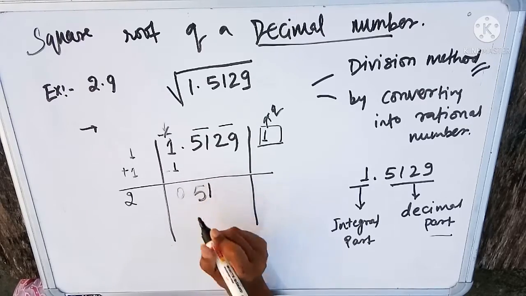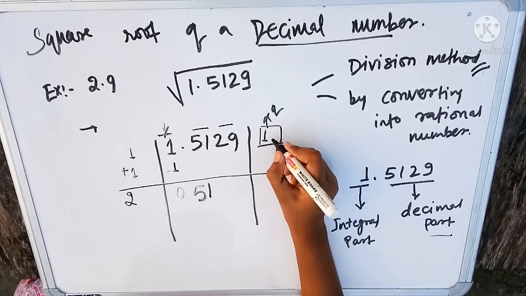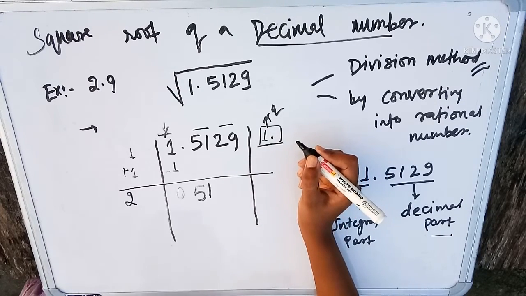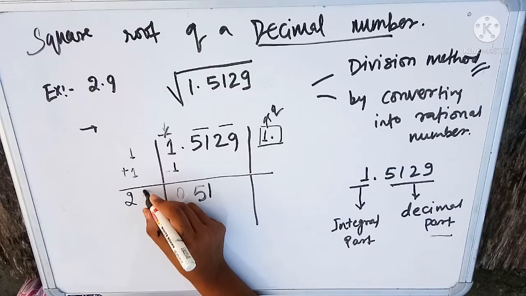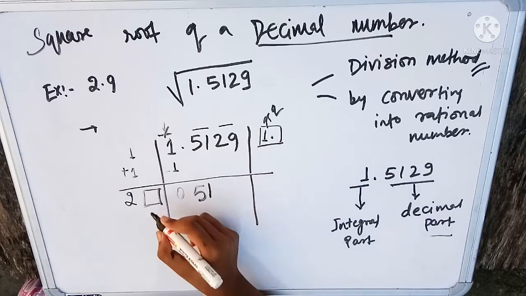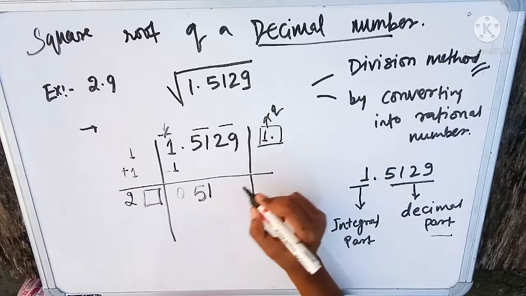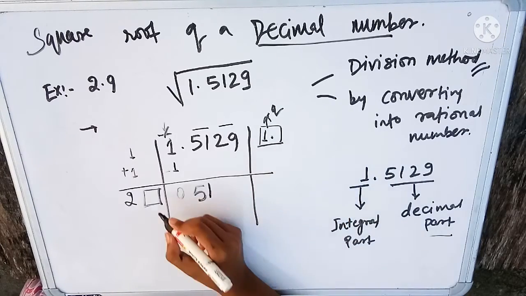So here we have 51 after the decimal point, so here also we will put the decimal in the quotient. Now we have to find out the next number, which we can write here and is less than or equal to 51. So in this case we have 2 here.